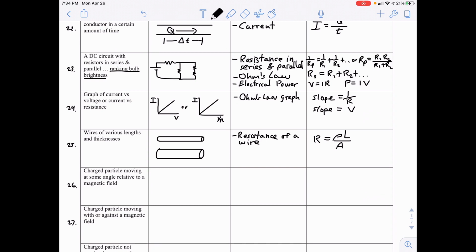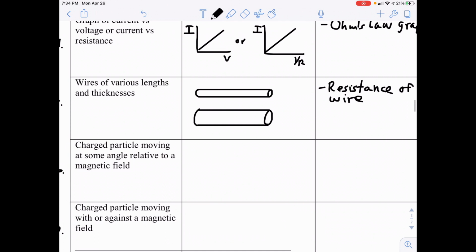Now in number 26, we have a charged particle moving at some angle relative to a magnetic field. So let's say we had a magnetic field pointed this way, to the right.